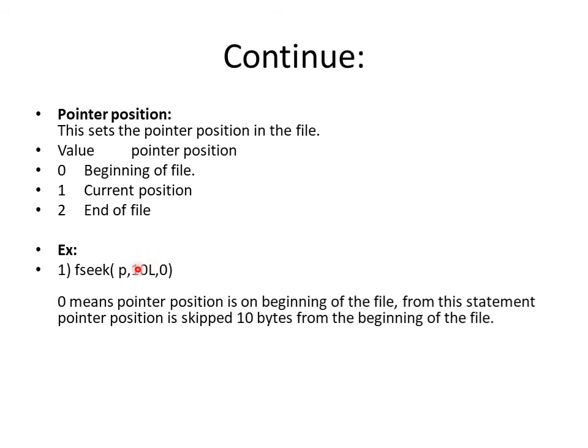See here I am showing the 10 bytes skipped. That means 10 positions have been skipped from the beginning of the file. Counting from the beginning: 1, 2, 3, 4, 5, 6, 7, 8, 9, 10. From this it will start reading.